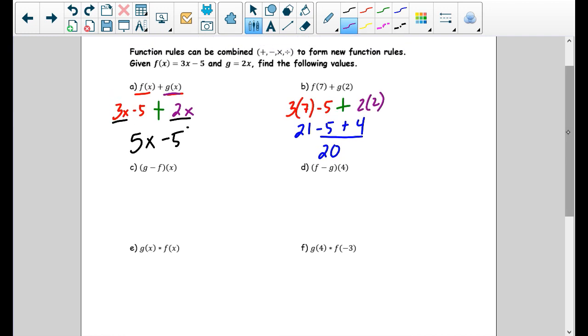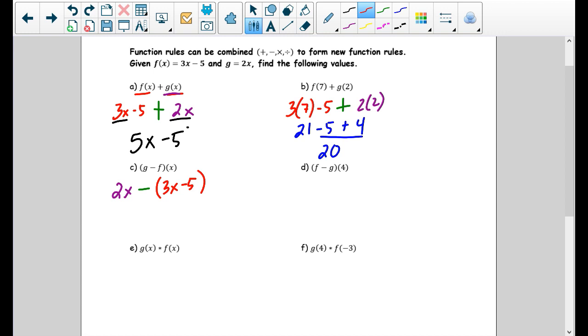So I'm just taking this g function, 2x. The only thing you have to really be careful of is I'm subtracting everything behind this subtraction sign. So when I look here, 3x minus 5, think about it in parentheses.